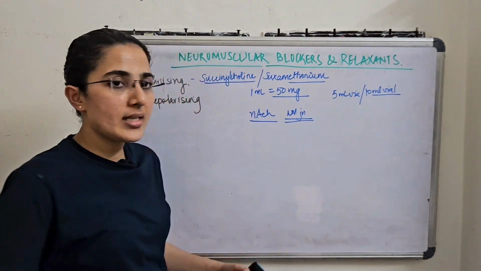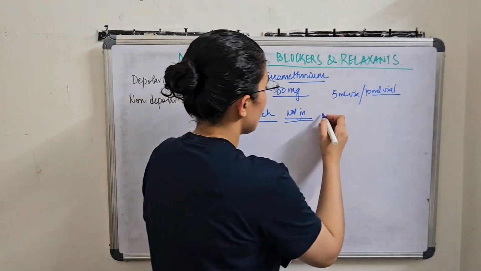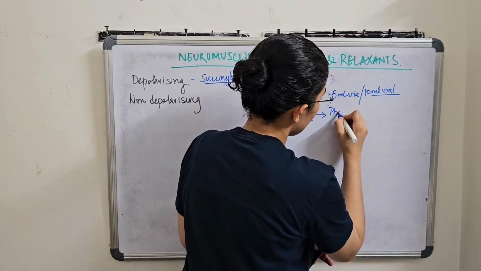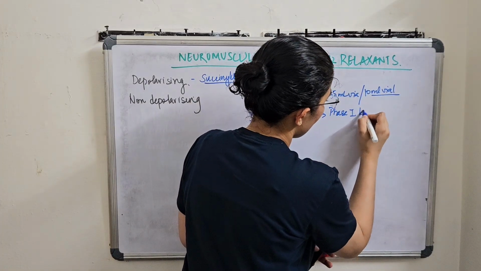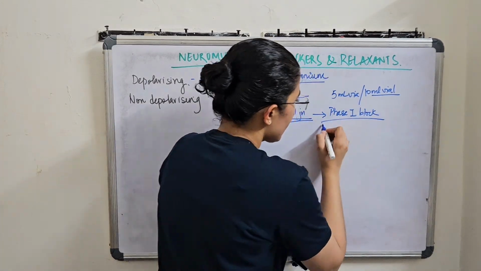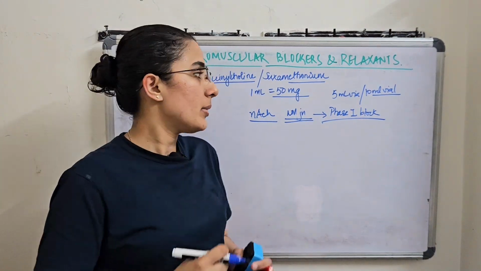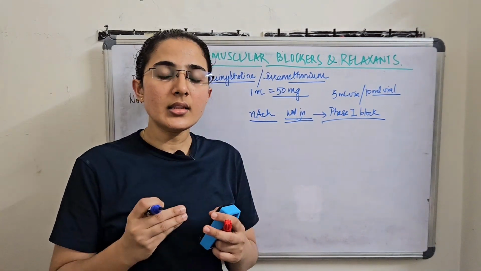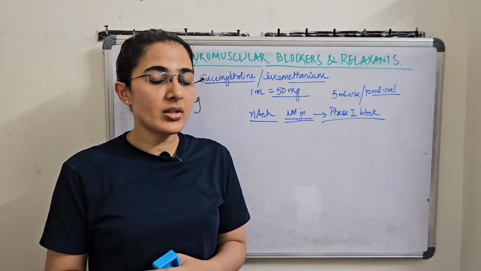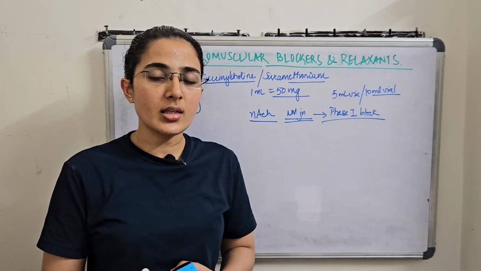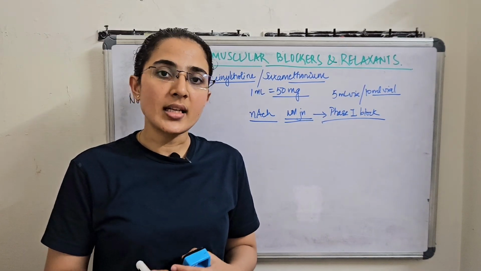This depolarization caused by Succinylcholine is called the phase 1 block. They first cause depolarization, that is a sustained contraction. But acetylcholine is basically degraded at the neuromuscular junction by acetylcholine esterase.